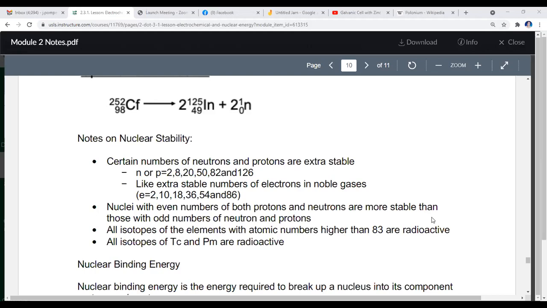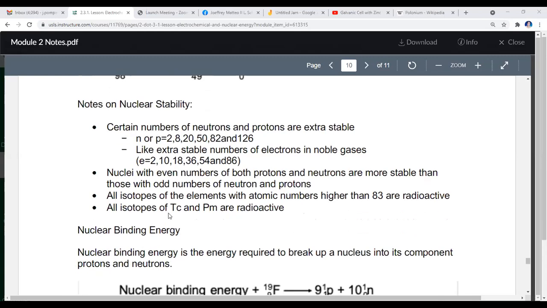Those with atomic weights higher than 83 will be more radioactive than the other isotopes. So this principle, class, is applicable when you speak of isotopes: atoms of the same atomic number but different atomic weights or mass numbers.